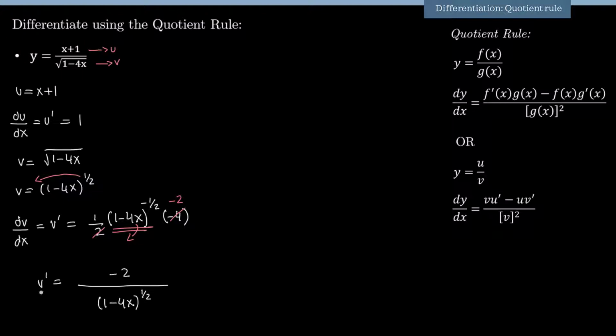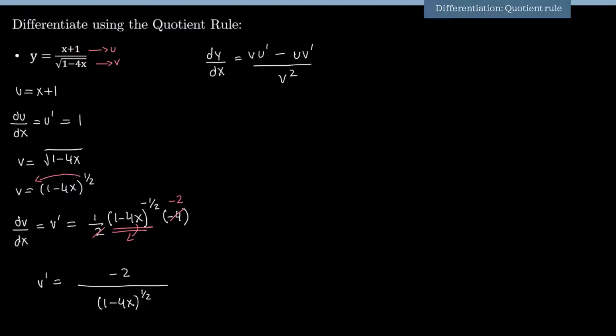Now after finding v dash and u dash, I can go on to use the formula of the quotient rule, which is dy upon dx is equal to v times u prime minus u times v prime, divided by v squared. V is 1 minus 4x whole power 1 upon 2.